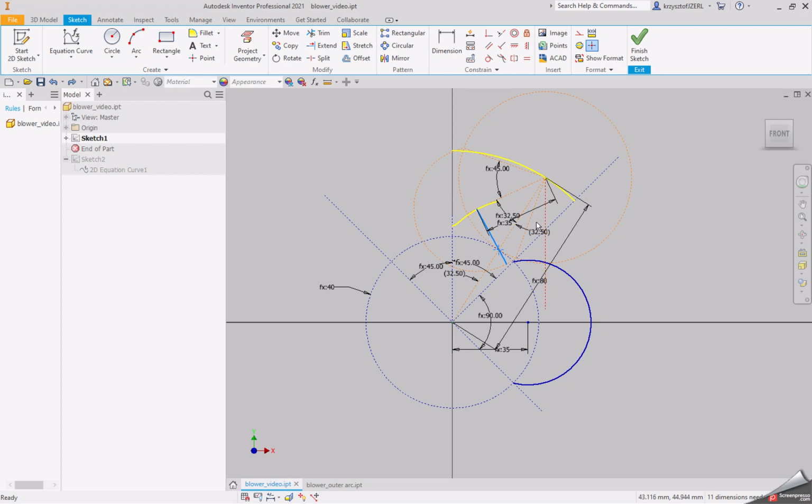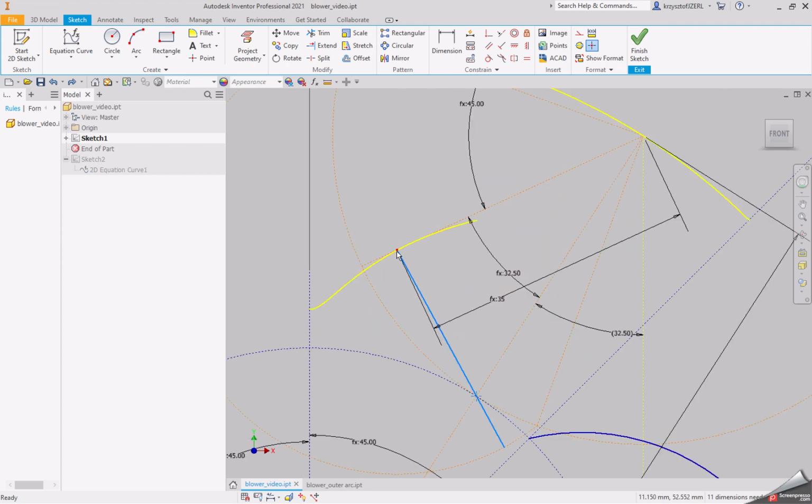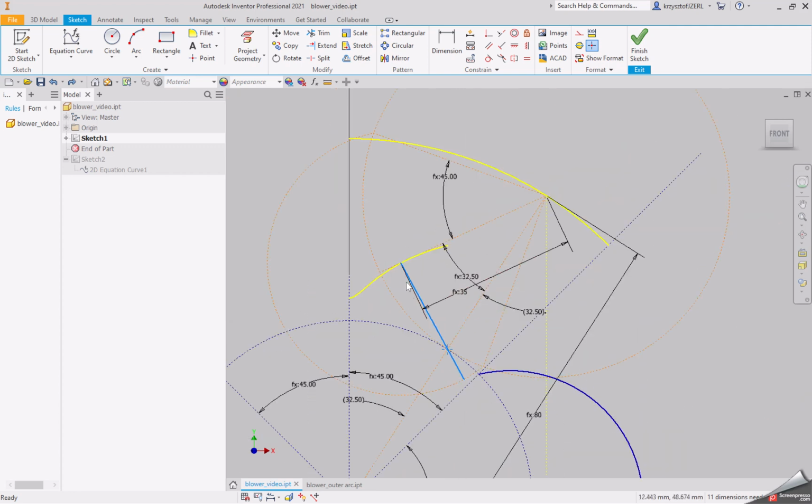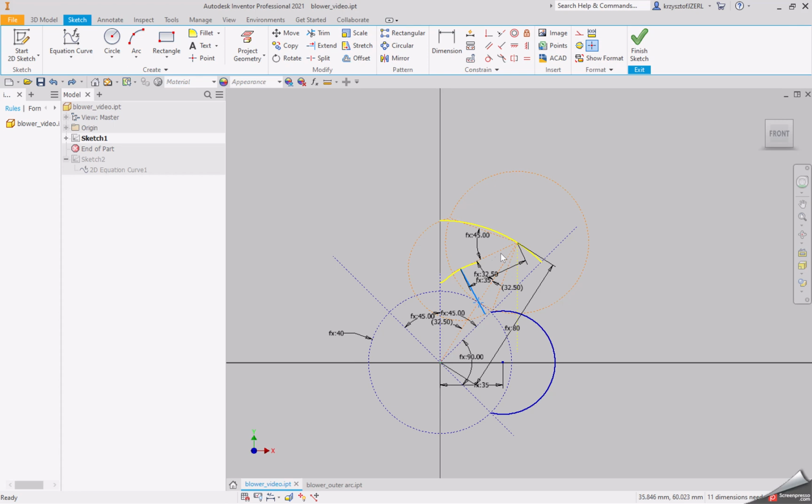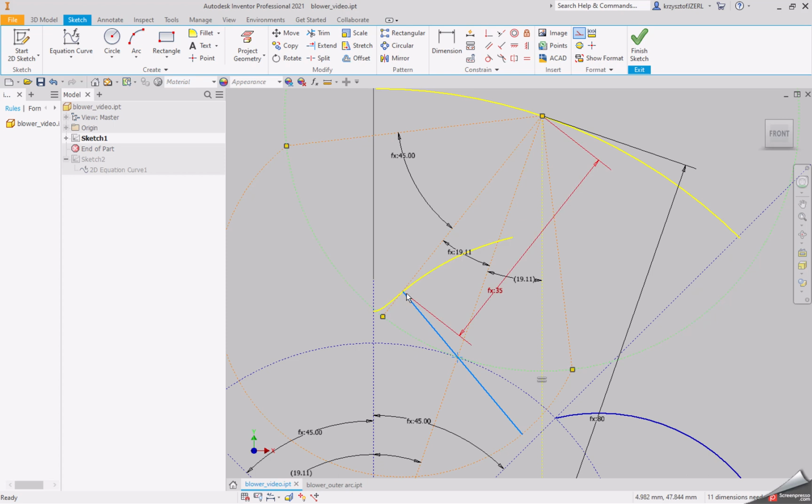And now you see this curve. This curve represents the position of this point while this wheel rotates. I will try to rotate this wheel without moving the curve. So if you observe, pay attention to this point.